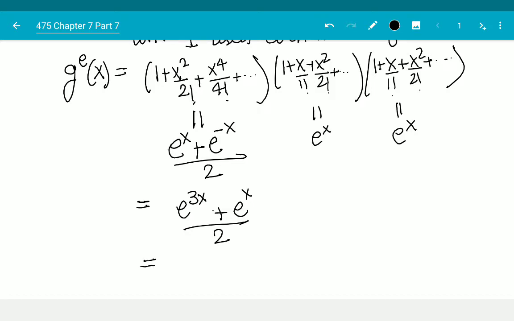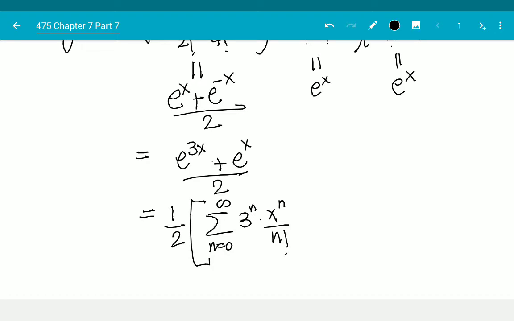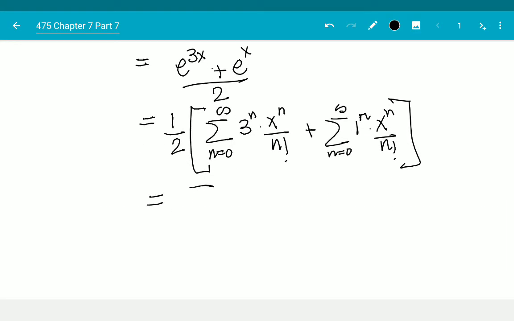Which I know is equal to, since I know what the expansion for each of these is, 1 over 2 summation n equals 0 to infinity. e to the 3x is 3 to the n x to the n over n factorial, plus e to the x is summation n equals 0 to infinity 1 to the n, x to the n over n factorial, which is equal to summation n equals 0 to infinity of 3 to the n plus 1 over 2 times x to the n over n factorial.